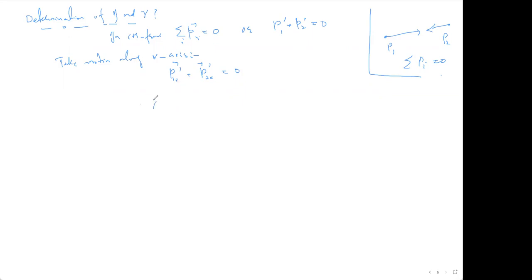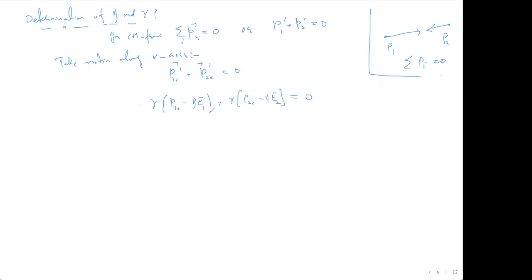That will be gamma (P1x minus beta E1). Very good. And what is P2x dash? So plus gamma (P2x minus beta E2). So this will be equal to 0. I am using the same transformation equation.